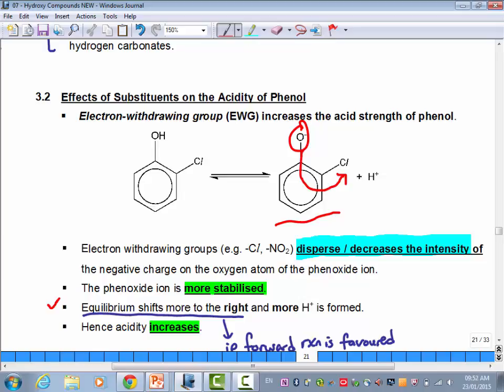So now if the electron density from O minus is being shifted towards Cl, it means that it is less susceptible towards protonation. That means the recombination of O minus and H plus will be disfavored. That's why it is a stronger acid. You understand?